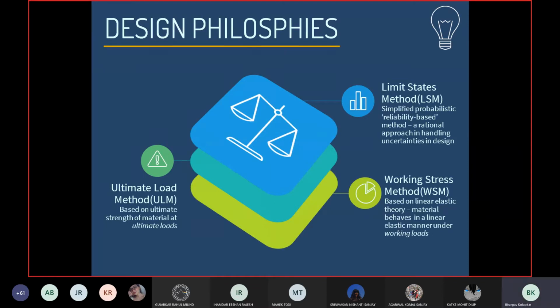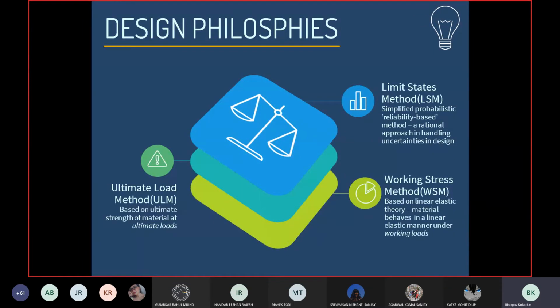And the limit states method is purchasing a new bike, riding it, but making sure that you maintain it every now and then. So in the limit states method, we take care of not only strength but also serviceability. When I say that you ride the bike and maintain it every now and then, it means that we take care of its strength and its serviceability.